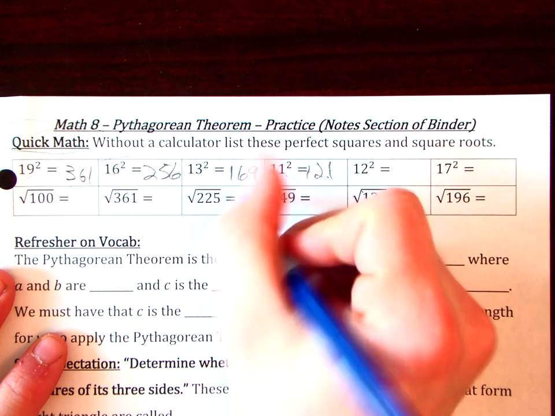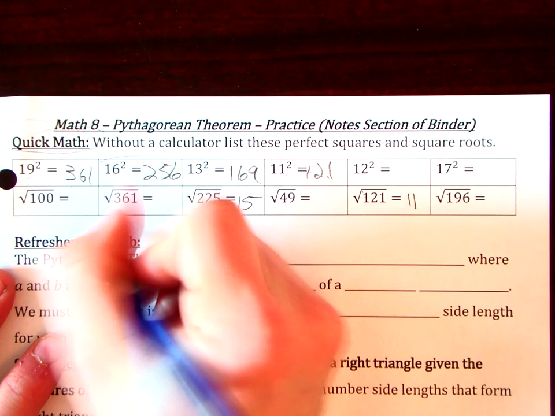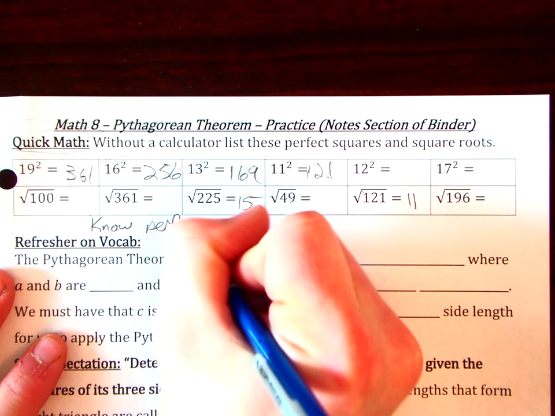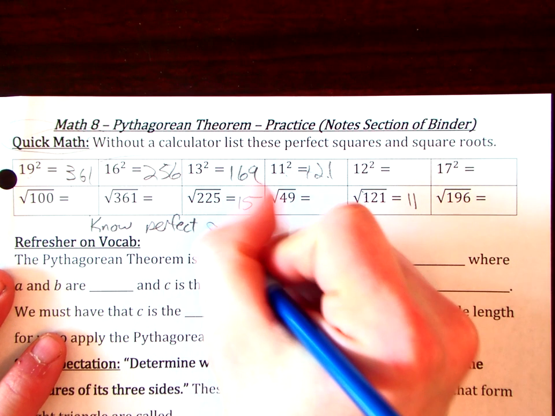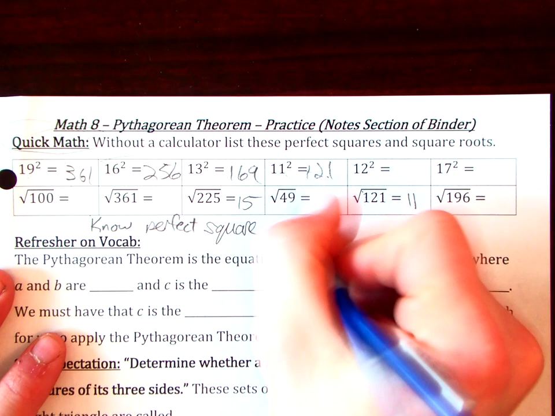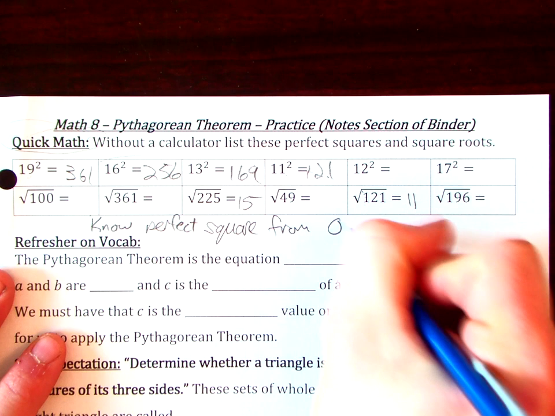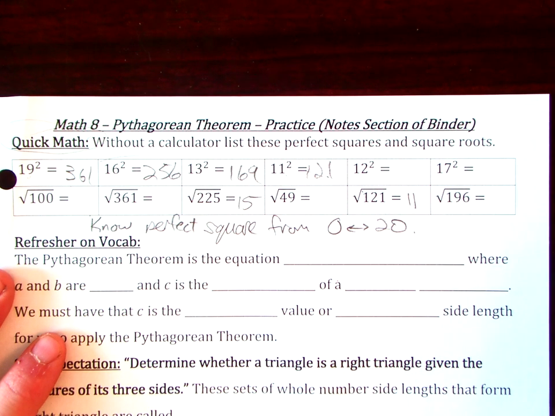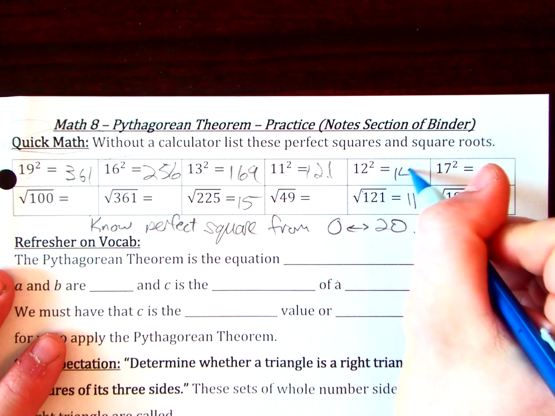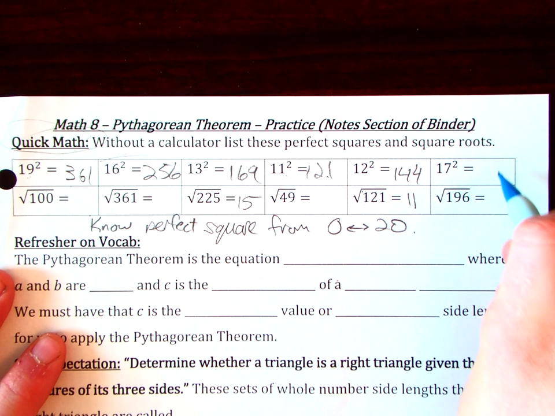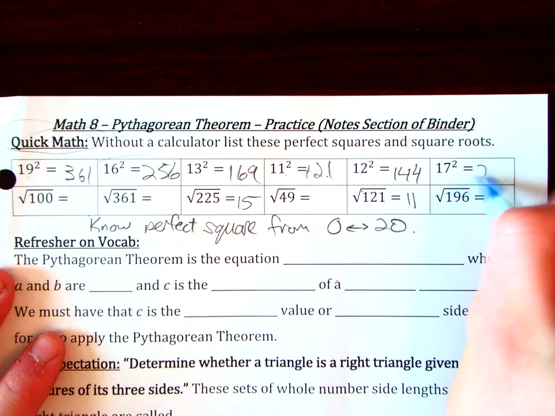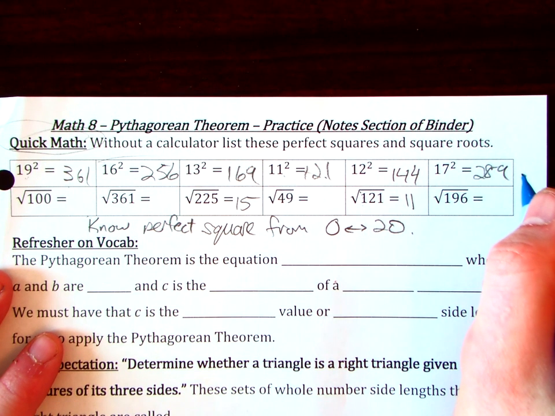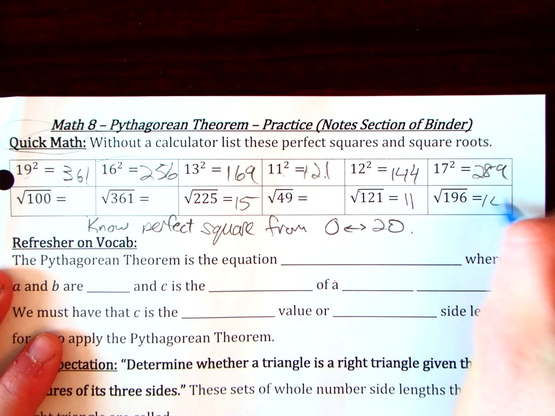So again, you want to be able to know perfect squares from 0 to 20. That way, the less time you spend using that calculator, the less time you have to calculate anything, and you can rely on yourself as opposed to anyone else.